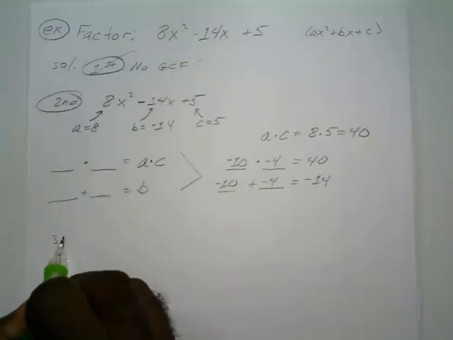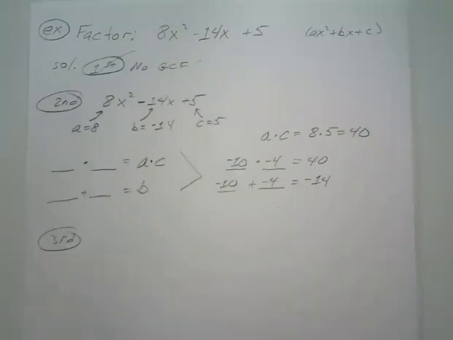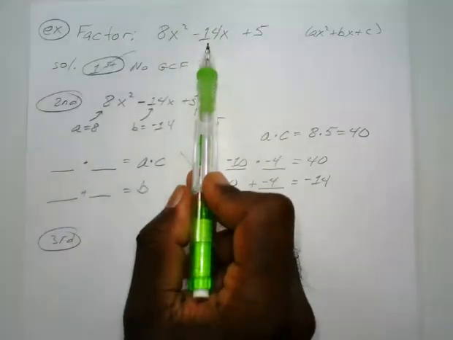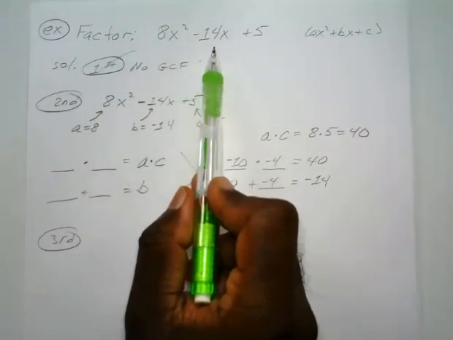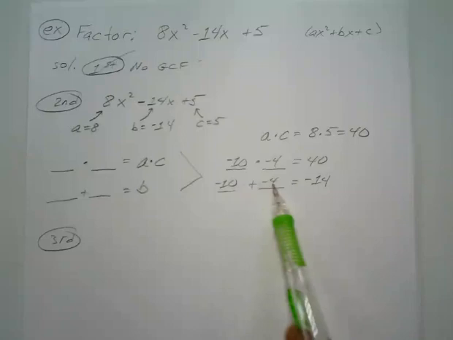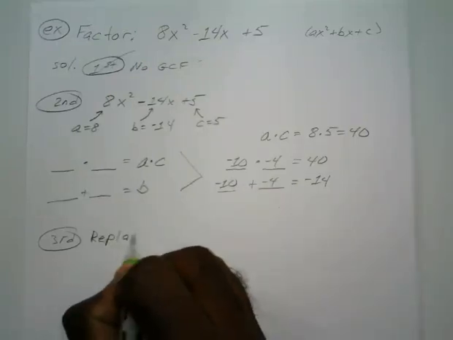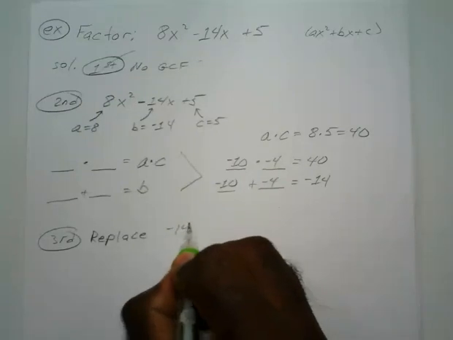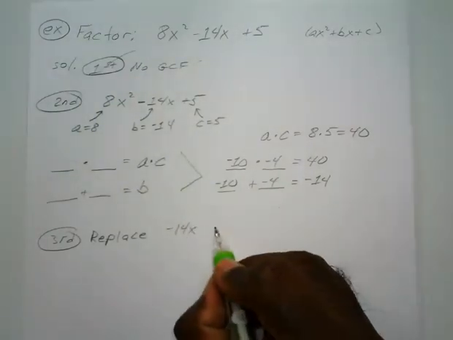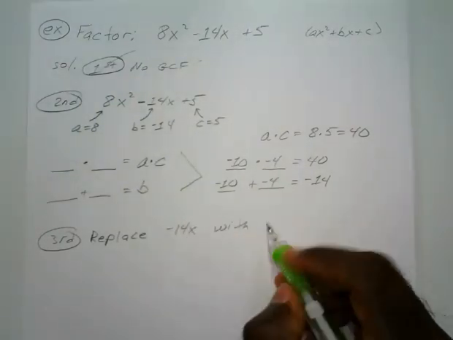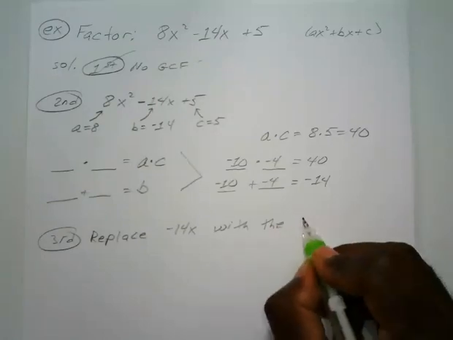Now for our third step, we're going to replace our bx value, in this case our negative 14x, with those two. Replace negative 14x with the step 2 values.